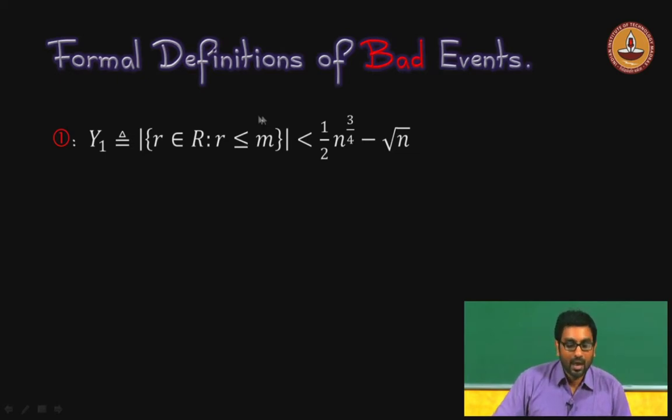This is the random variable y1, the cardinality of the set of elements in R that are less than or equal to the median. And the bad situation is when this y1 is less than this quantity. This will require us to understand exactly why that is the case.